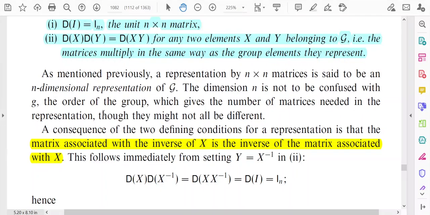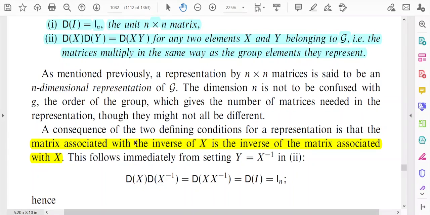But later we also discussed the representative matrices for the symmetry elements of the equilateral triangle. In that case we observed that the order of the representative matrices is less than the order of the group. So small g may be equal to small n, or small g may not be equal to small n.